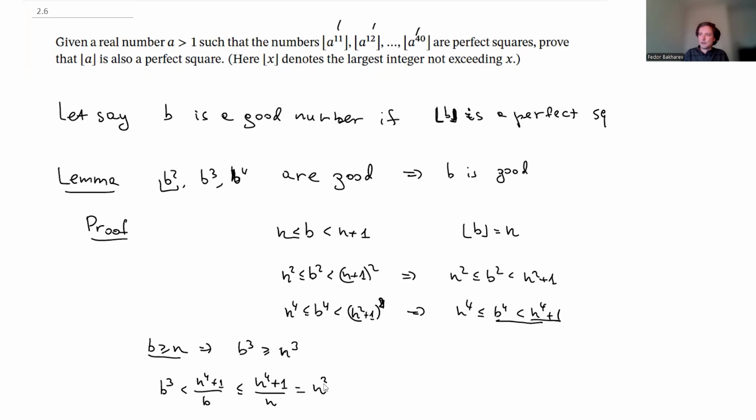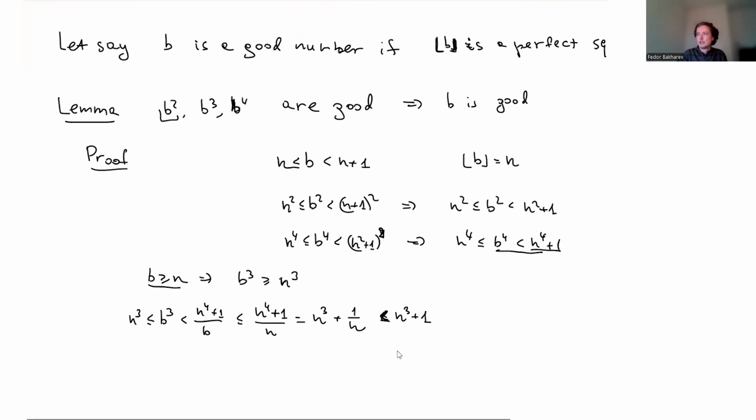This is n to the power 3 plus 1 over n. And of course, this is smaller than n cubed plus 1, and bigger than n cubed. Here it is not strict, but here we have a strict inequality.